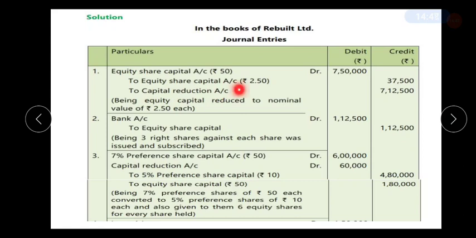Capital reduction account is a temporary account that is opened for the sake of internal reconstruction. If there is any reduction in the capital, that will increase the balance of capital reduction account, so that will be credited to capital reduction. So what happened here? We had equity share capital of rupees 50 each.